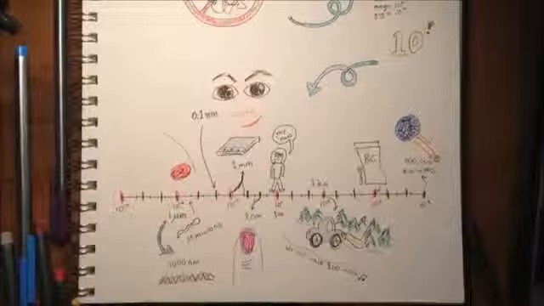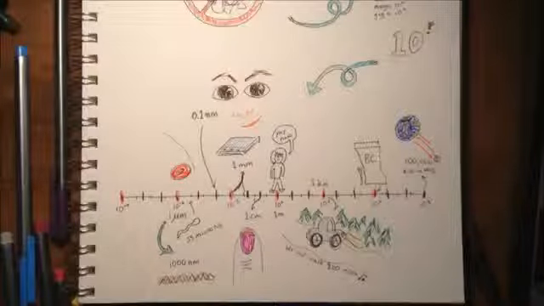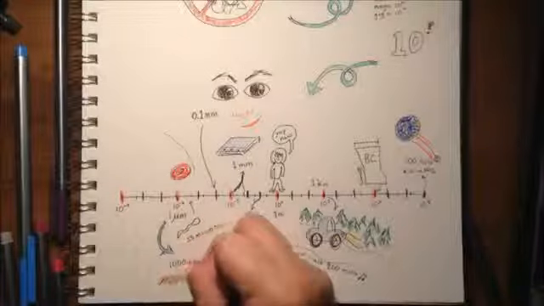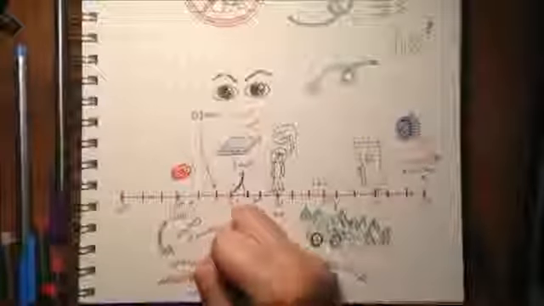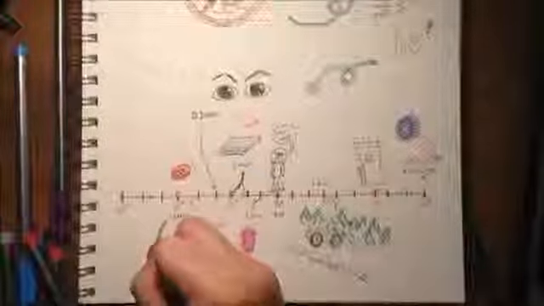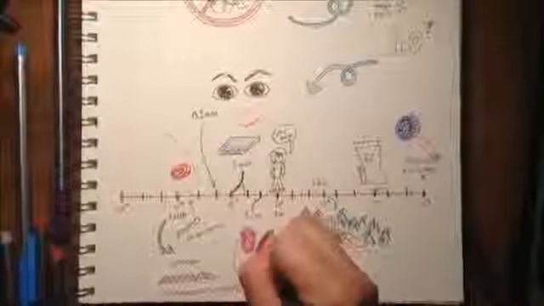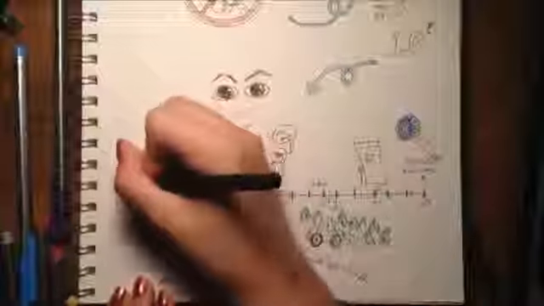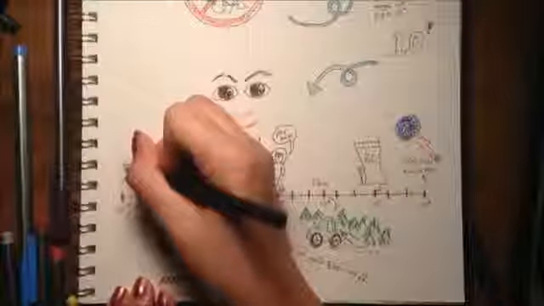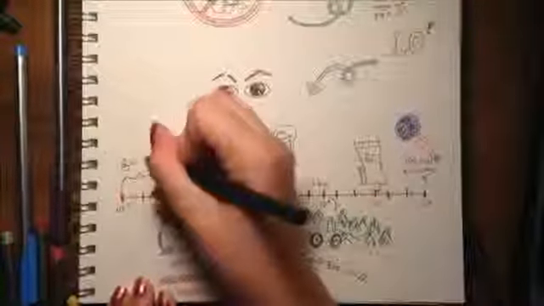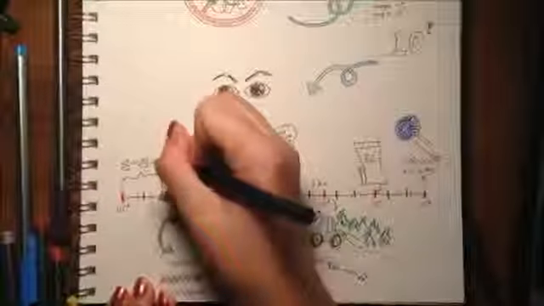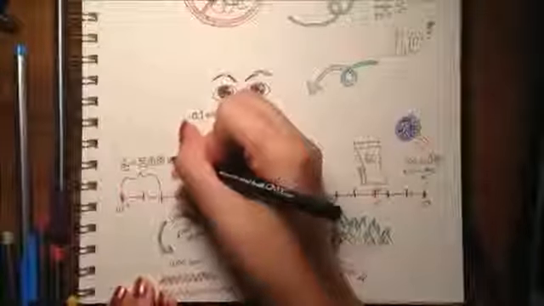Under a micron, or 10 to the -6 meters, is where things really start to get cool. This is sort of the range of light, which is from 400 to 700 nanometers. And just under that, from 1 nanometer to 100 nanometers, is the range that nanotechnology deals with.